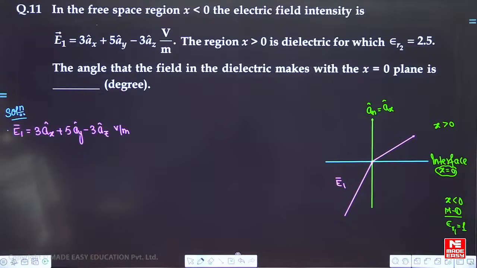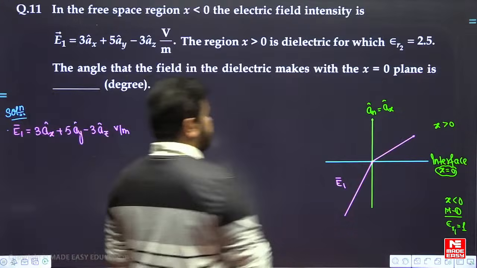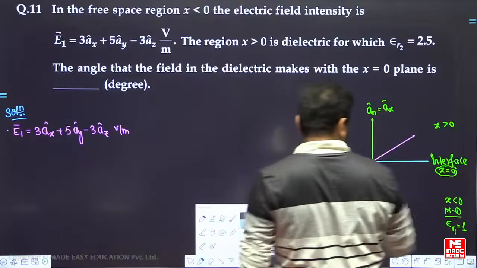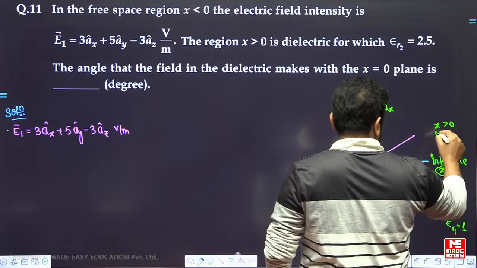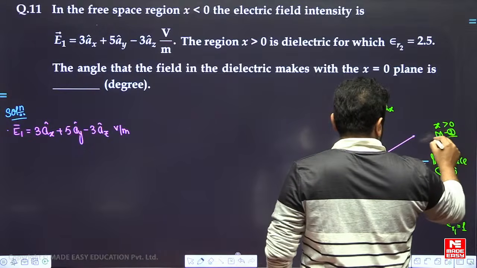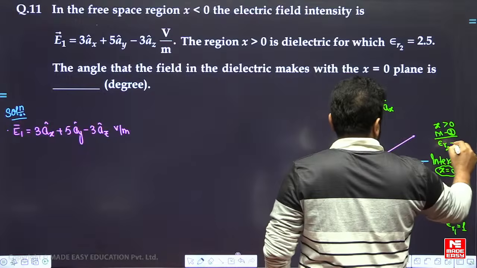The region x greater than 0 is dielectric for which epsilon r2 is equal to 2.5. So here let us say this is medium number 2, and for this epsilon r2 it is given as 2.5, right.